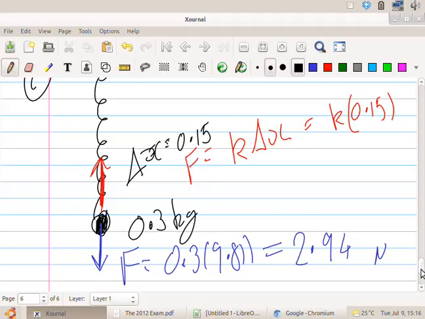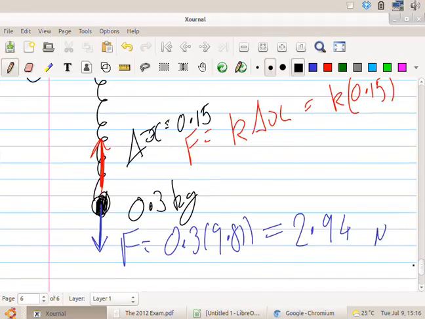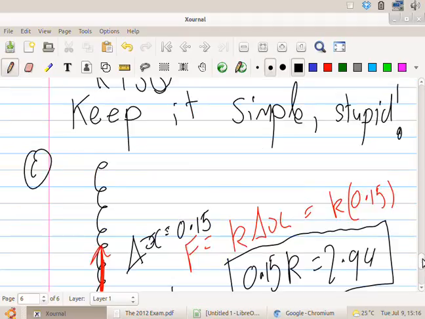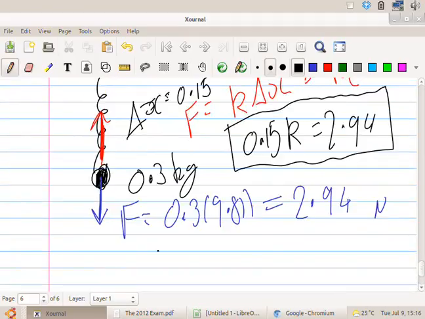Yeah, so with this I can find the K. So I have K times 0.15 must equal 2.94. So tell me what the K is then. 19.6. Sorry, what is it? 19.6. K equals 19.6. Now that doesn't answer the question, but it gets it started. What is the K? Like the constant of the spring, like the stiffness constant.